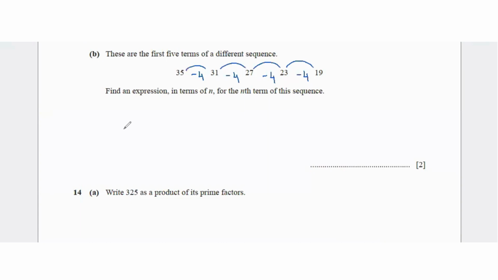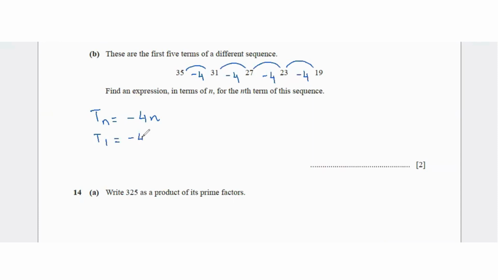Now, whenever you're trying to find the nth term, and if there's a common difference, always multiply n with that common difference. Since in this case, the common difference is being subtracted, it would be -4n. This is what we have right now. So if we assume that the nth term is -4n, let's see what the first term would be.